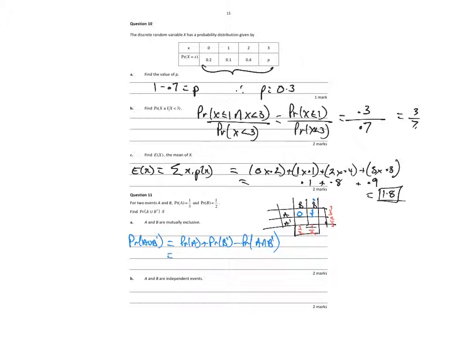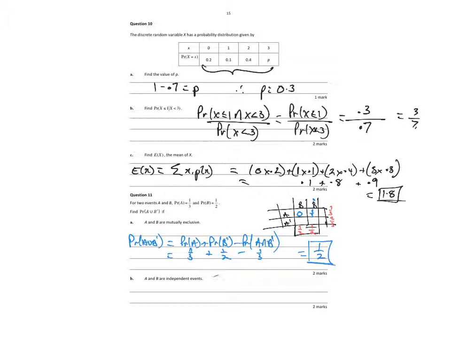So probability of A is 1/3, probability of B dashed is 1/2, A intersection B dashed is also 1/3. So therefore, if they're mutually exclusive, A union B dash is equal to, what's it equal to? 1/2.